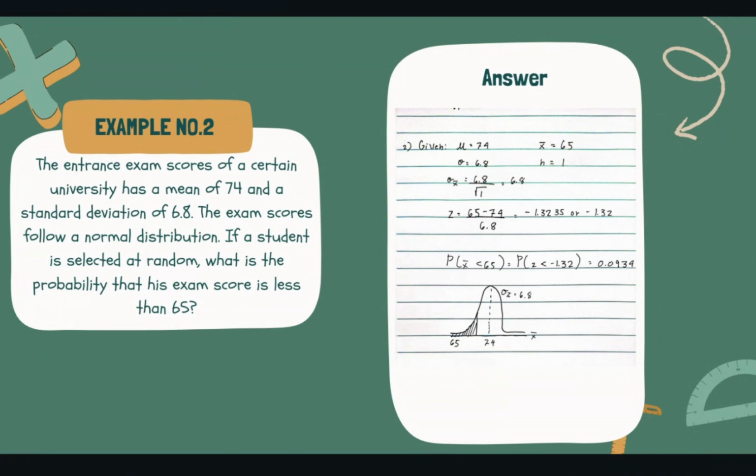Our mean of x bar is still equal to the mean, which is 74. Now we compute again the standard error: 6.8 over the square root of 1 is still equal to 6.8.